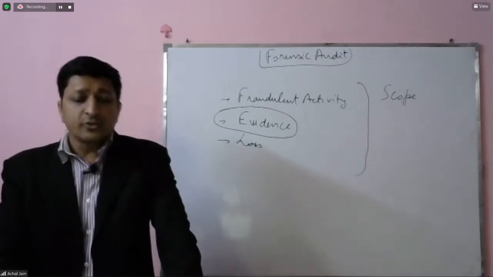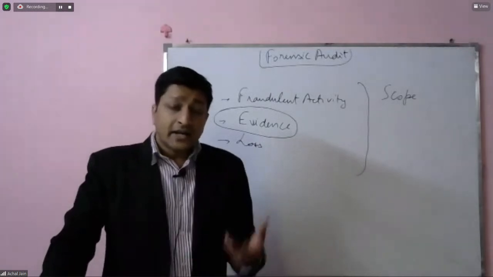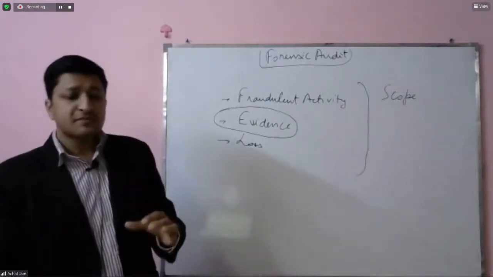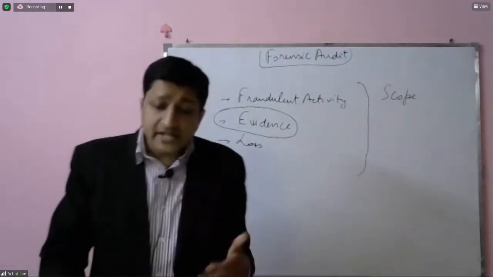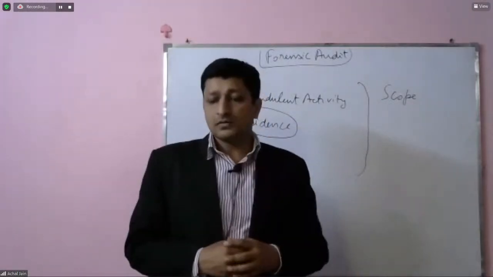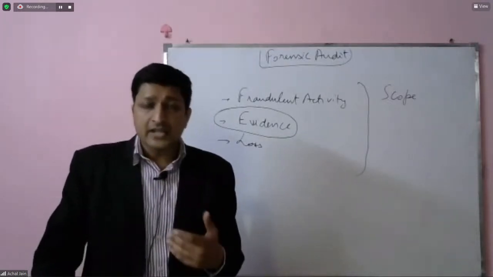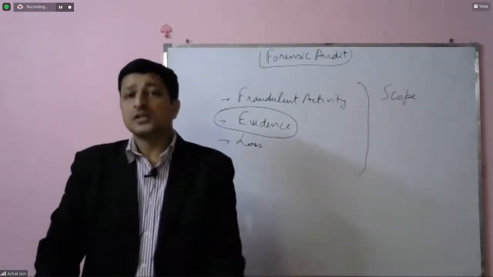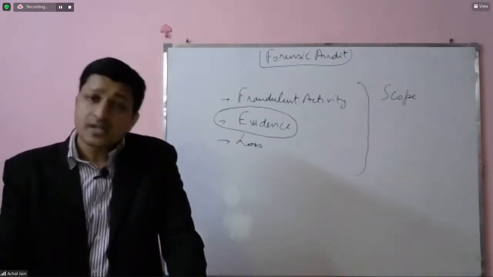This technique requires you to put yourself in the shoes of the suspect and think how you would have committed the fraud, so that the trail can be established and the path can be seen as to how the suspect would have committed the fraud. That will become the first step towards detection of fraud or identification of the suspect.